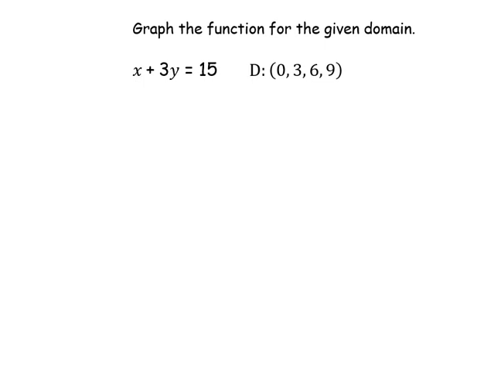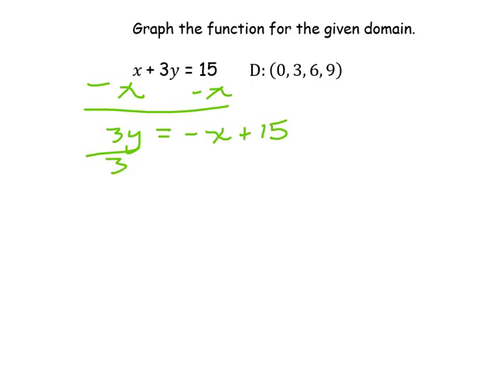Let's start by subtracting x from both sides. Minus x, minus x. This simply gives us 3y = -x, plus 15. Okay, next, let's divide everything by 3 so that we can get the y by itself.